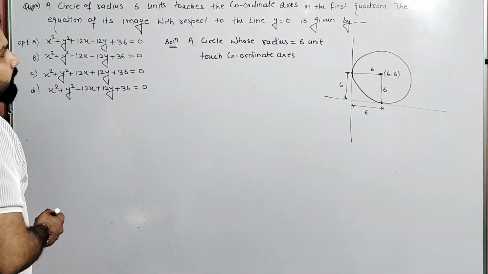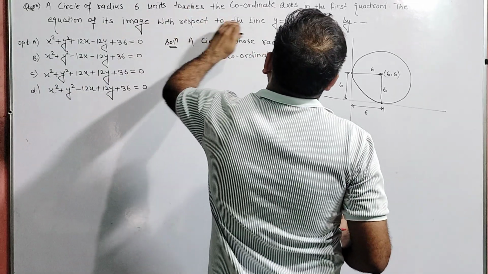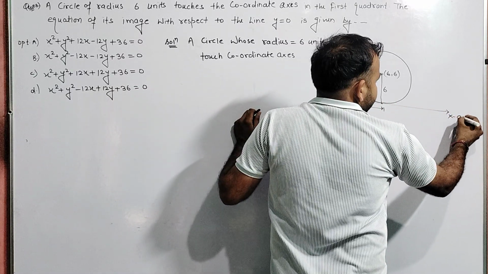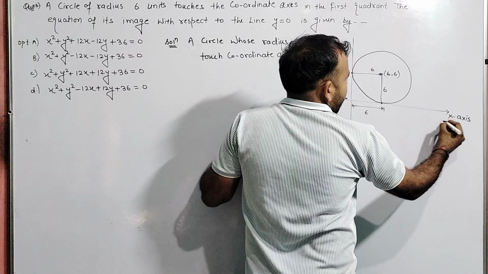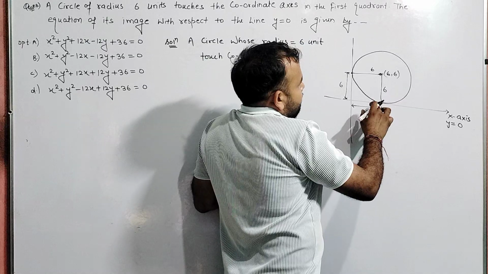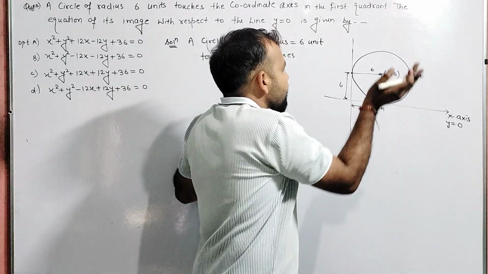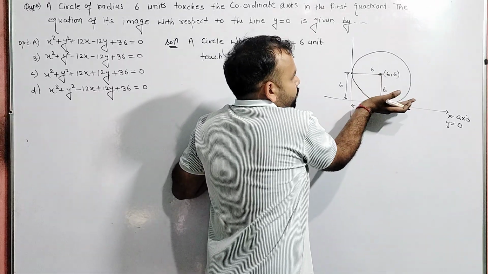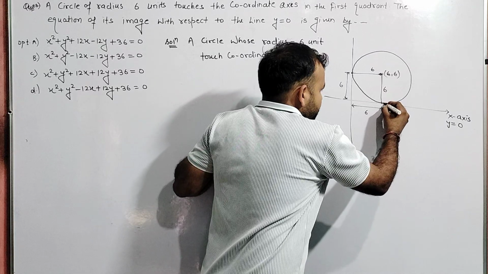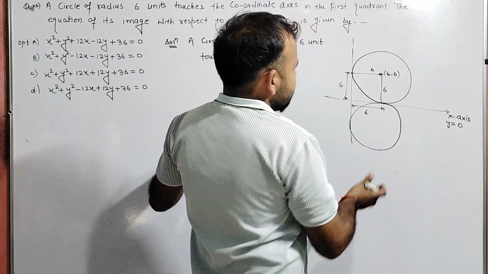Okay student? And we need to find the equation of its image with respect to the line y equals 0. Y equals 0 means our x-axis. This is the y equals 0 line. So we need to find the equation of the circle which is the image of this circle with respect to the x-axis, that means the y equals 0 line. So we can make such a type of circle. This is a rough sketch.